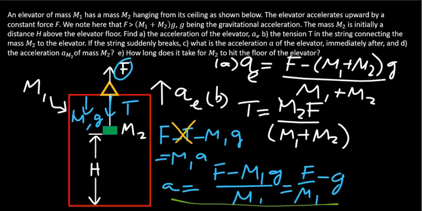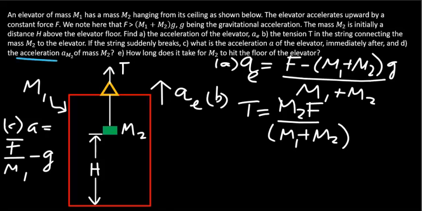So that's the answer right there for part C. So for part C, the acceleration of the elevator now equals the upward force over the mass of the elevator minus the gravitational acceleration.